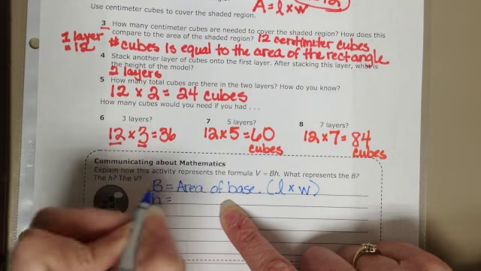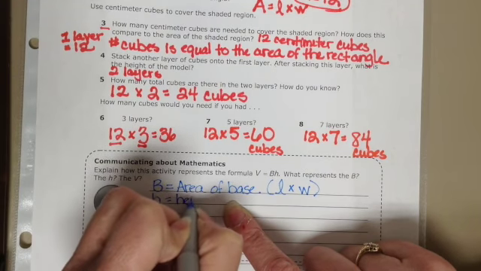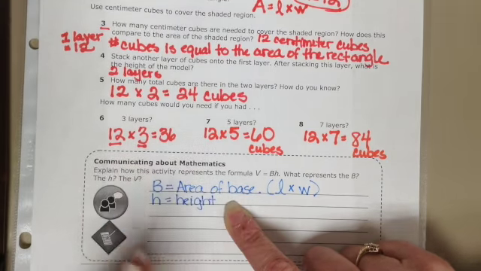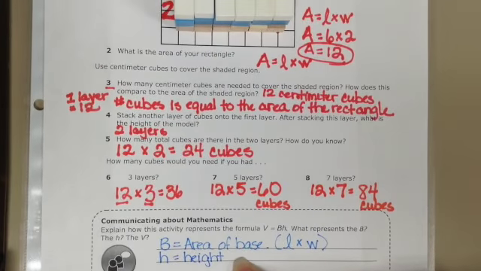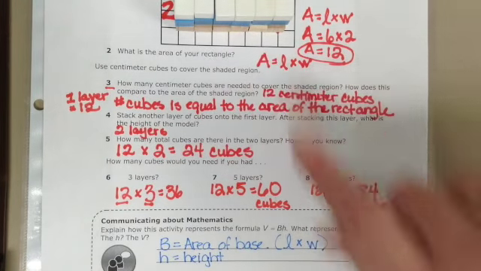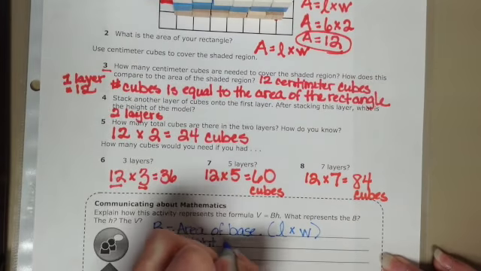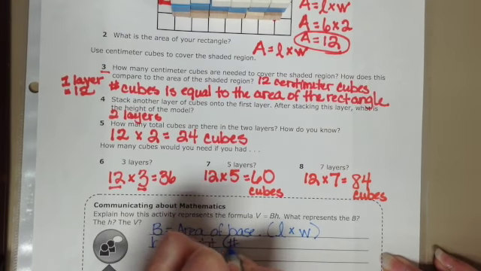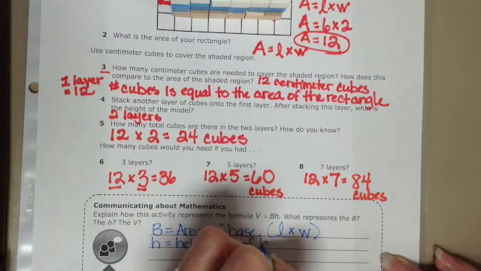H equals the height, which what did we call our height in our activity? What did we keep adding in our activity? That's right. That was our number of layers.